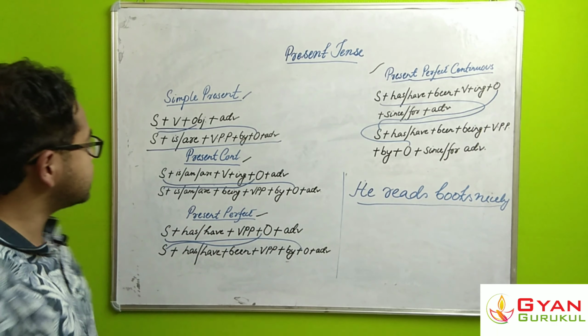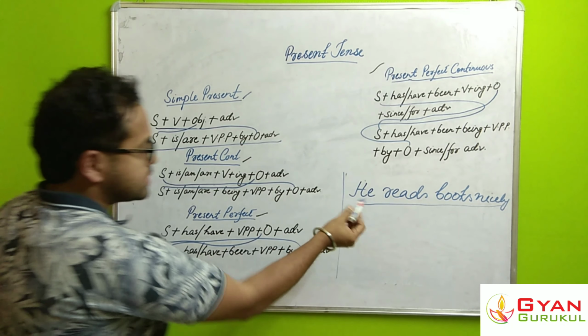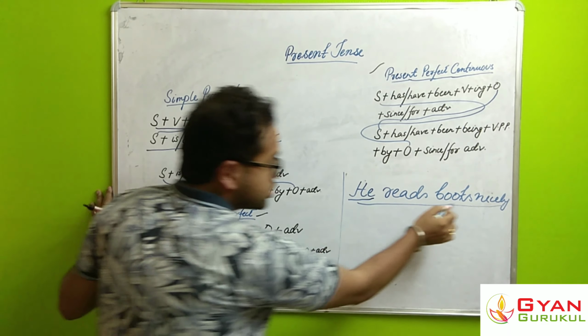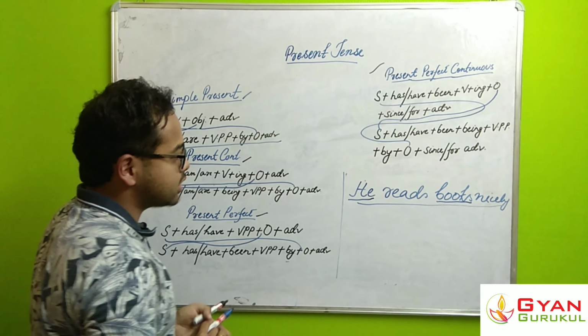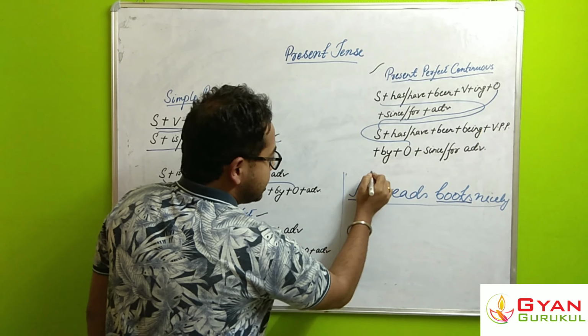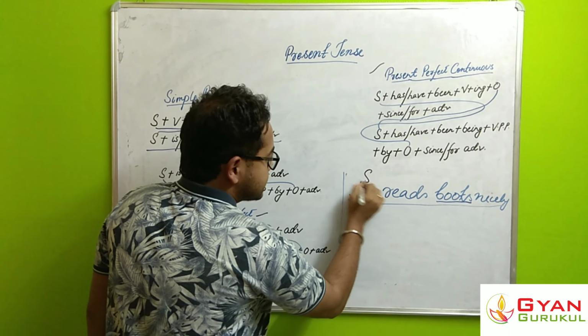Now if I convert this sentence by using this formula, as I say, you need to also identify which is the subject and which is the object. In this sentence, he is the subject, books are the object. Now as I say, subject becomes object, object becomes subject, which I already wrote here. Now let us convert. Here he is the subject.